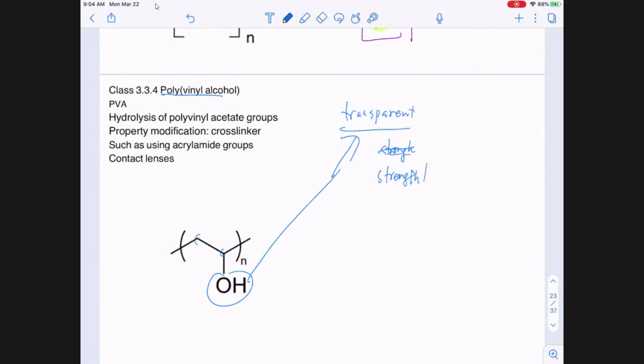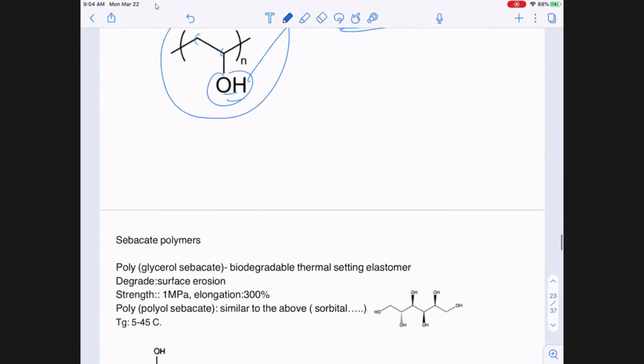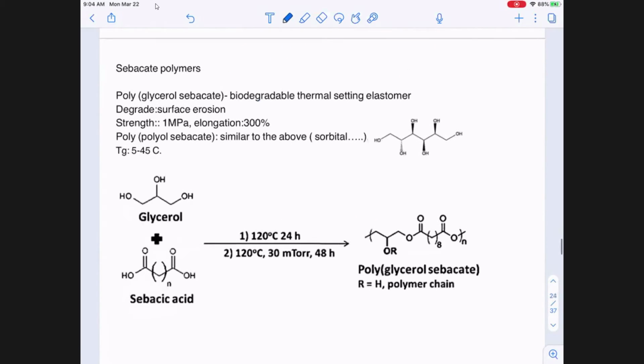Yeah, could be very good, because a lot of OH forms hydrogen bonds, and can also have huge applications in medical areas. So polyvinyl alcohol. And this one is a synthetic elastomer.